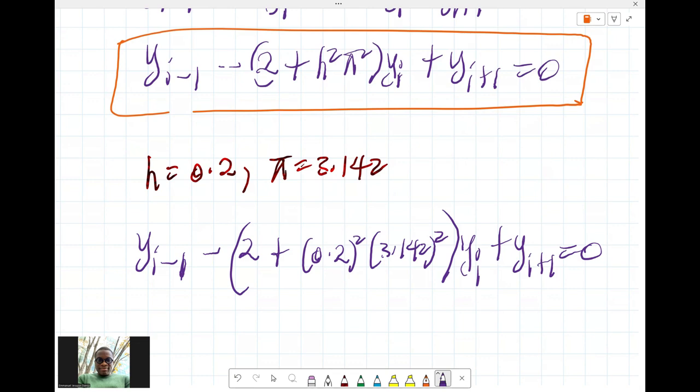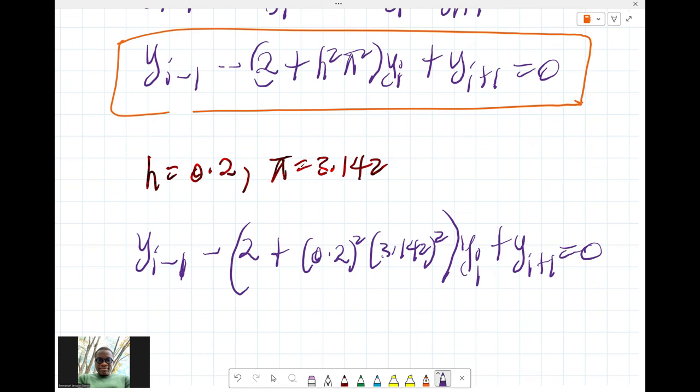To be very sure about that calculation, let me check: 0.2 all raised to power 2, multiplied by pi all raised to power 2 again. That's 0.3948 roughly.